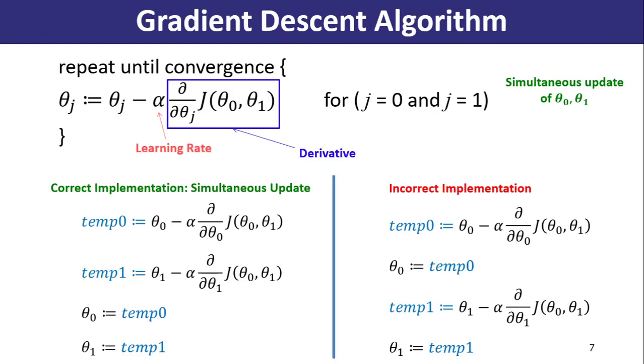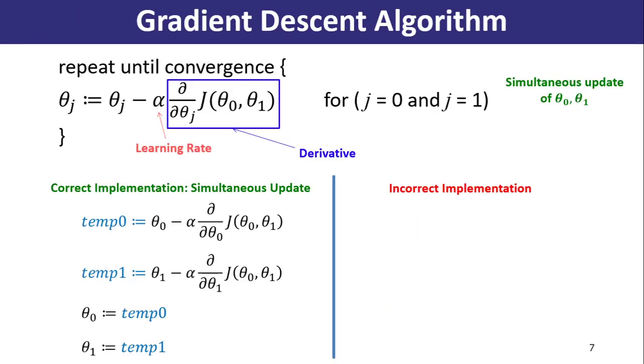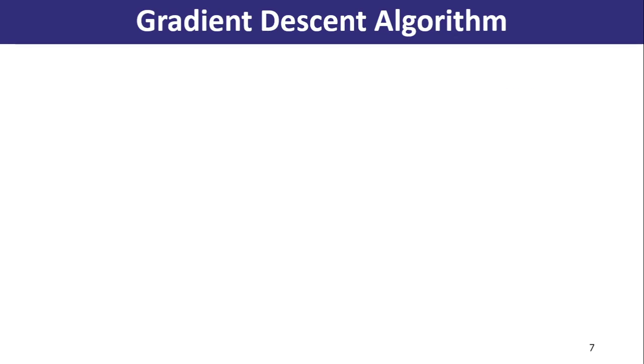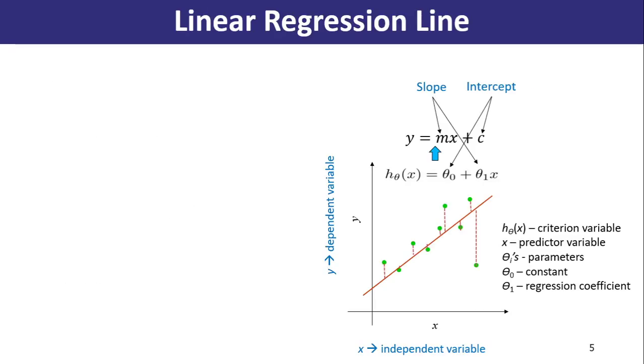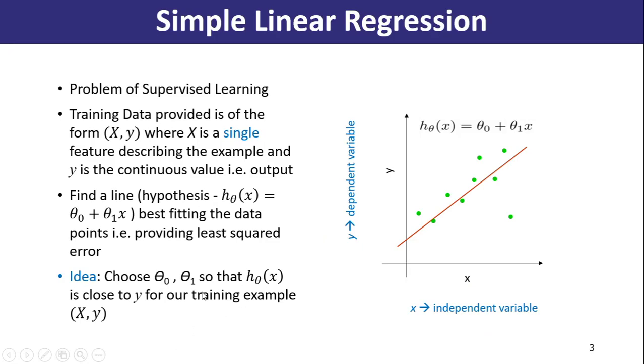What is my y prediction? My y prediction is the value provided by the hypothesis, h theta of x equals theta 0 plus theta 1 x.